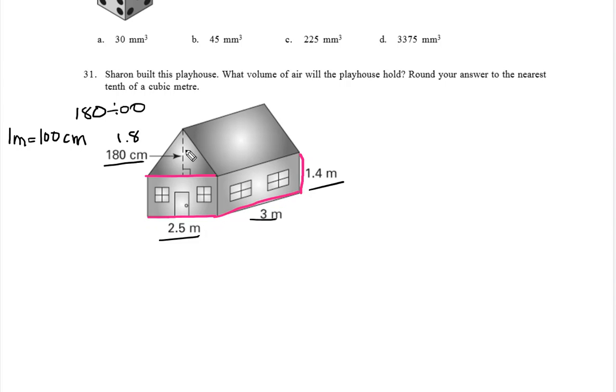And we have not done any volume of triangles. I will give you the hint that you're going to use this formula. Big B stands for the base area of this. Okay? So once you find the base area of this, you then just multiply it by the height.